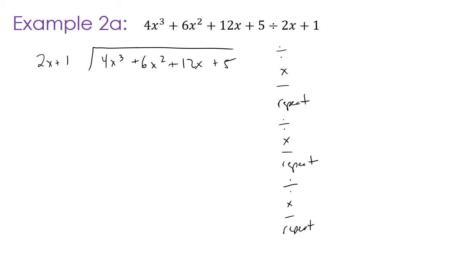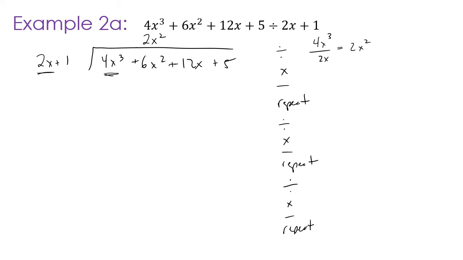So the first thing you're going to start off with, 4x cubed divided by this. So 4x cubed over 2x. What does that equal? That equals 2x squared. And since that's a square term, that has to go in the squared column. So right here, 2x squared.